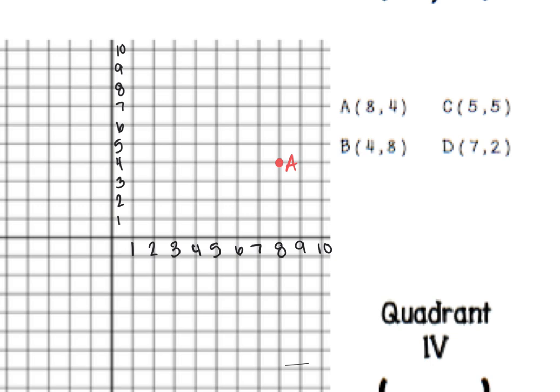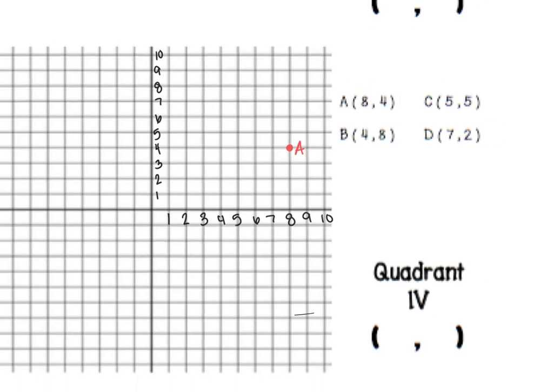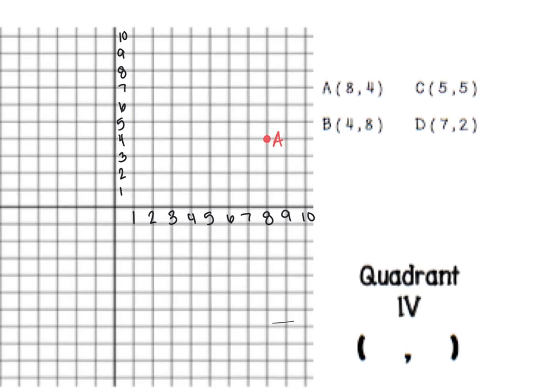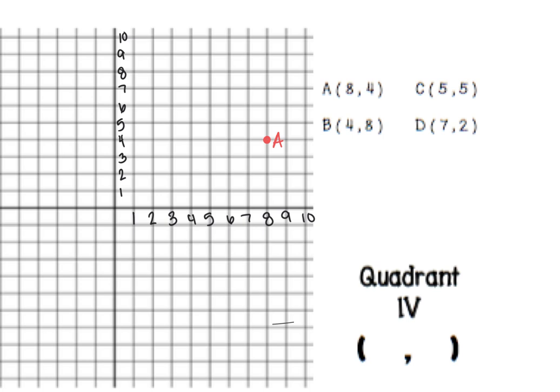I want you to graph A, B, C, D, and I also want you to graph right now point R, which is listed at the bottom middle down here. Okay? A, B, C, D, and R, yes. And then I'll put the answers up here so that when you finish, you can check and compare how you did.